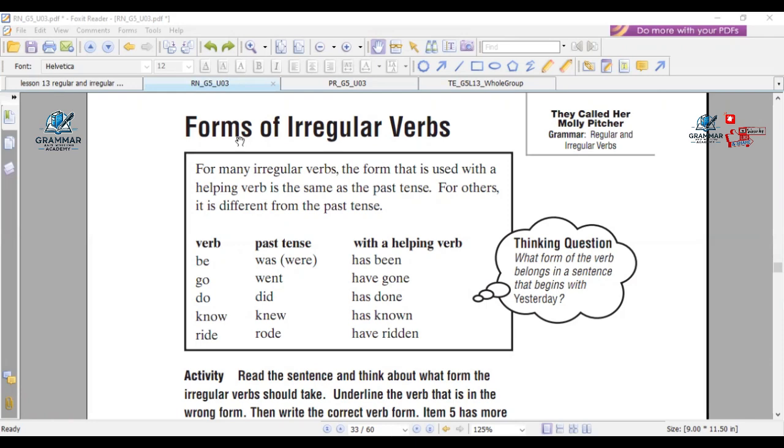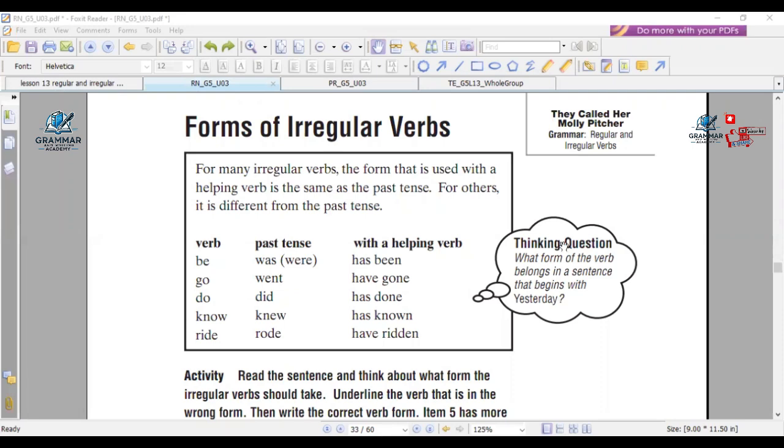For others, it is different from the past tense. Verbs be, go, do, know, write. Past tense: was, were, went, did, knew, wrote. With the helping verb: has been, have gone, has done, has known, have written. Thank you so much, Abdullah.